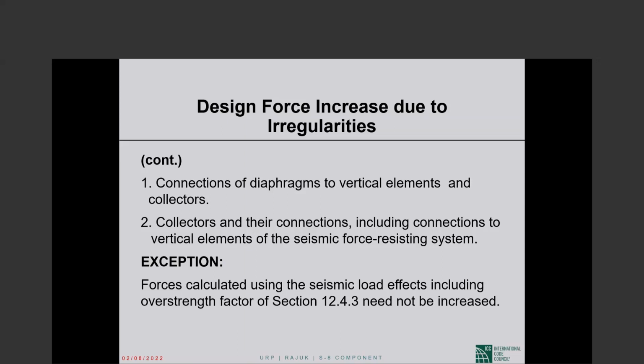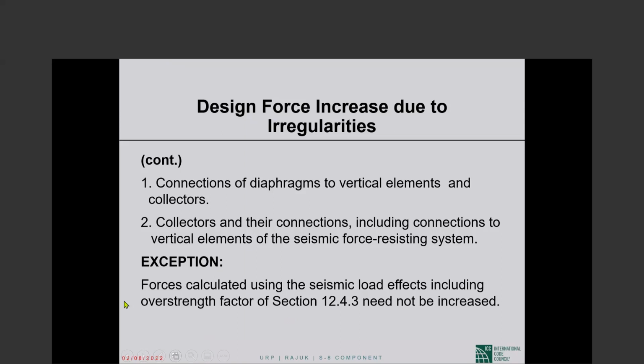And then collectors, the collectors themselves, and their connections, including connections to vertical elements of the seismic force resisting system, the collector to shear wall connection. Now, there is a significant exception. Forces calculated using the seismic load effects, including overstrength factor.